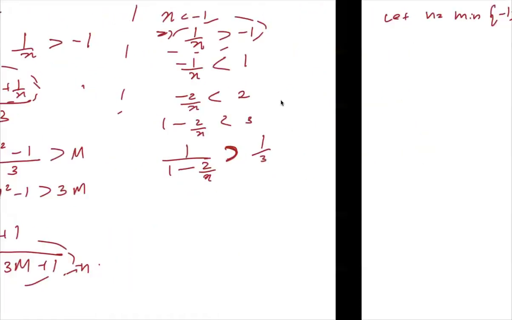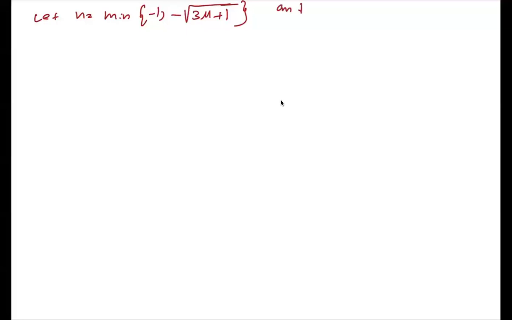So first you can write, let n equal the minimum of -1 and minus square root of 3m plus 1, right? Because this is a positive number, because m is a positive number as well, m greater than 0.